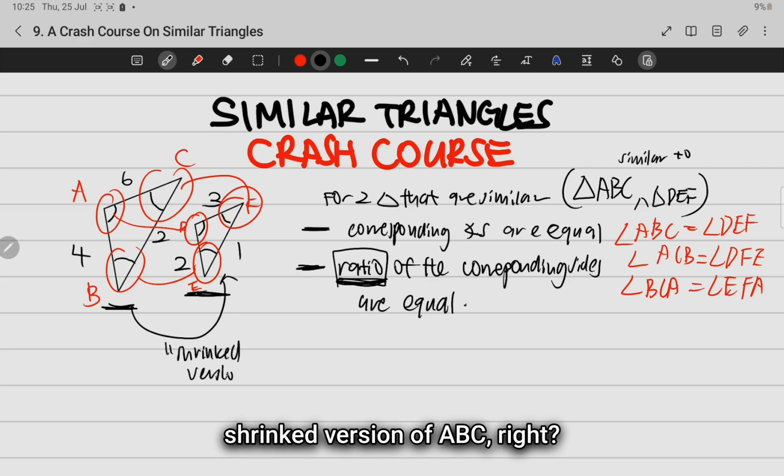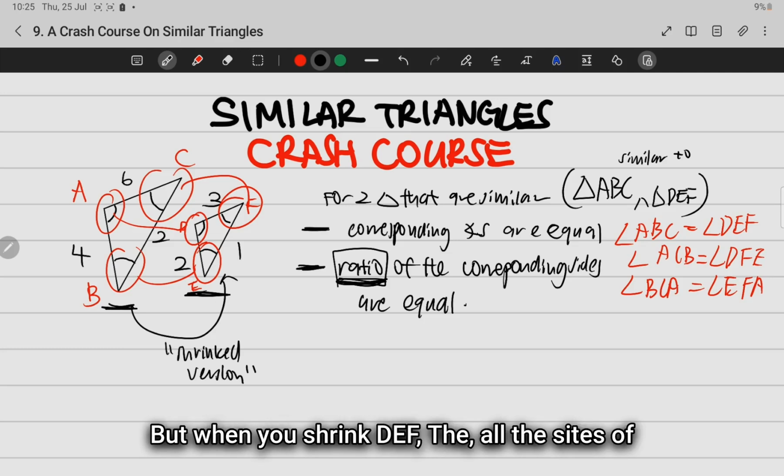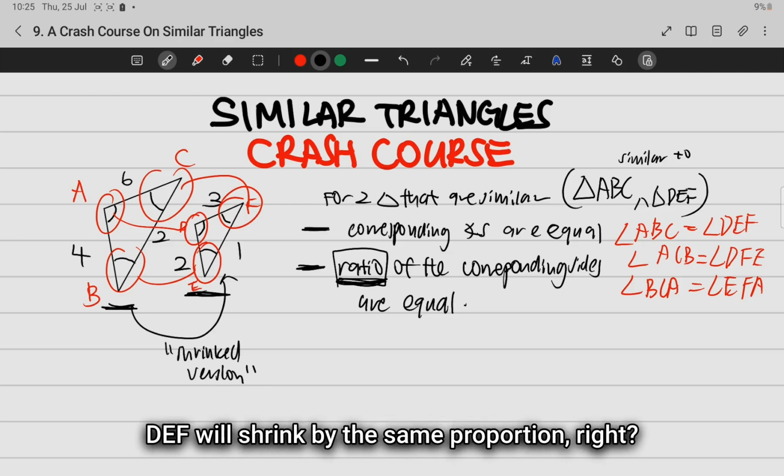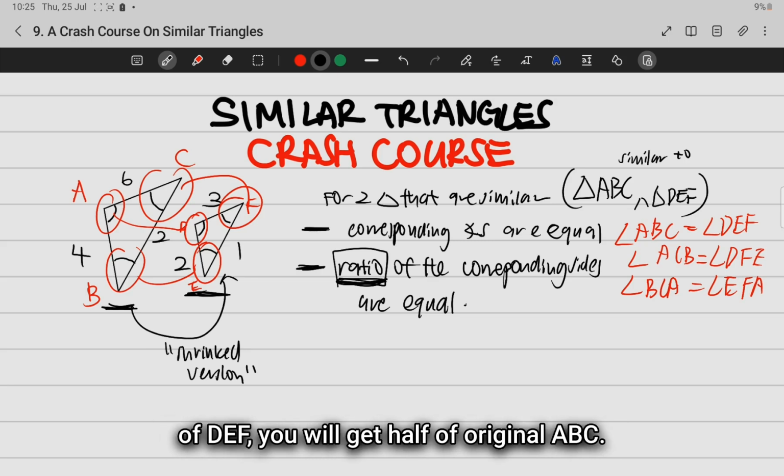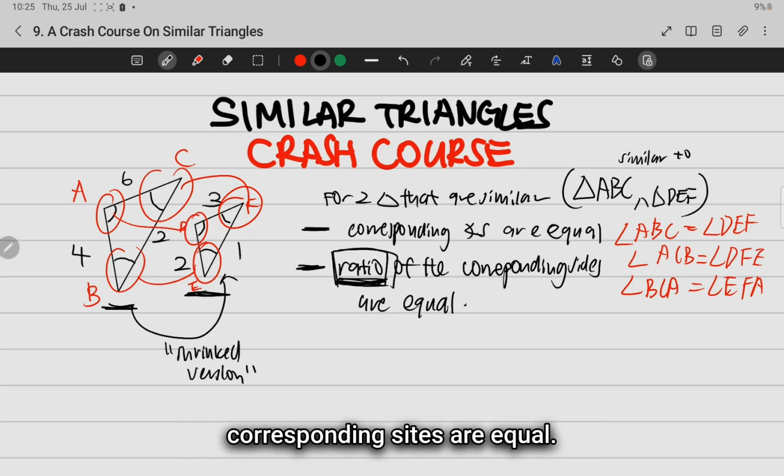DEF is the shrunk version of ABC. But when you shrink it, all the sides of DEF will shrink by the same proportion. If you halve the length of every side, you will get half of the original ABC, and therefore the ratio of the corresponding sides are equal.